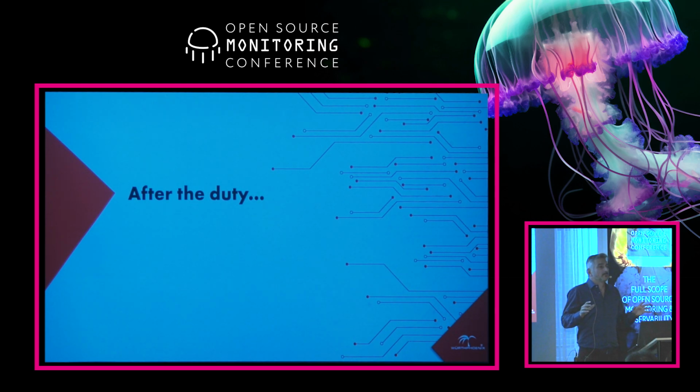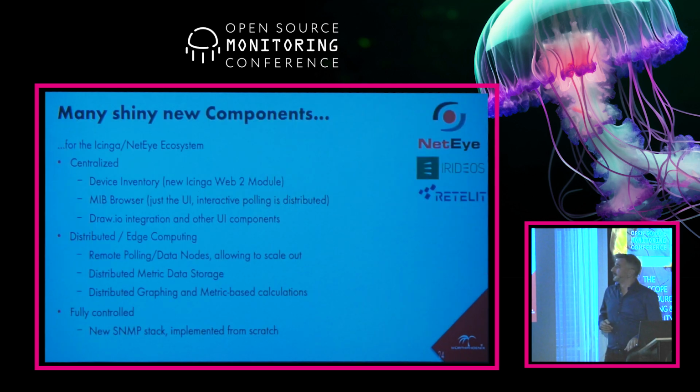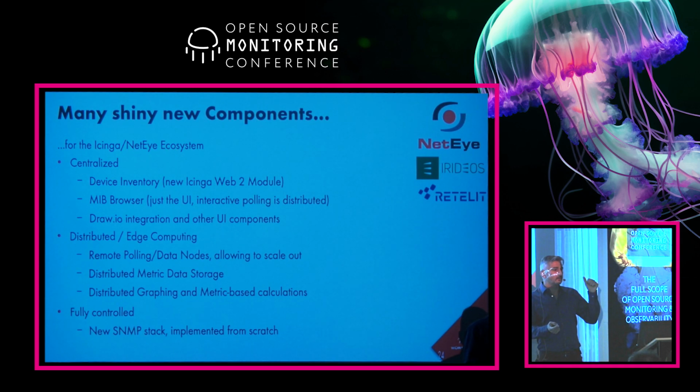The client wanted to have it, so I had to obey, and we finished this module, it works, and then we went on to the funny stuff, and that's why we're here today. So the next part has been a lot of components. We wrote a module that's currently called inventory.